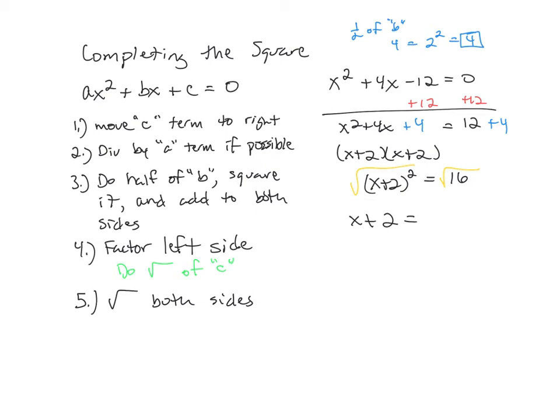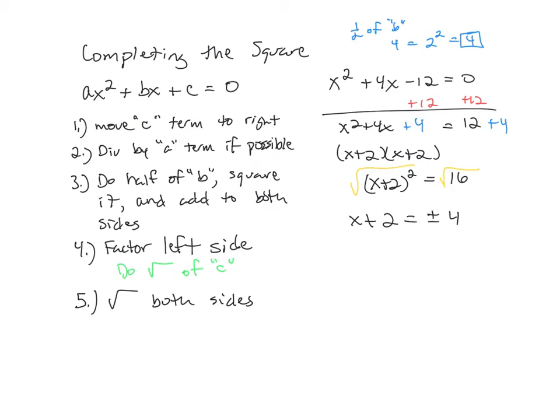Guarantee a whole bunch of you just thought of 4. It's actually positive and negative 4. Because if you think about what a square root is, well, a number times itself. Okay, well, 4 times 4 is 16, but so is negative 4 times negative 4.